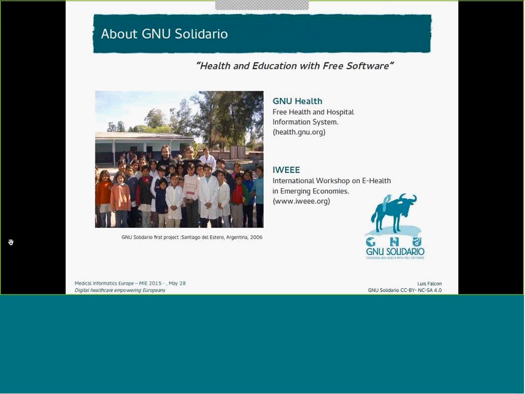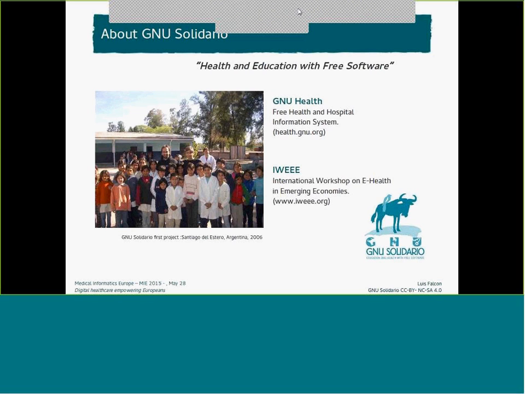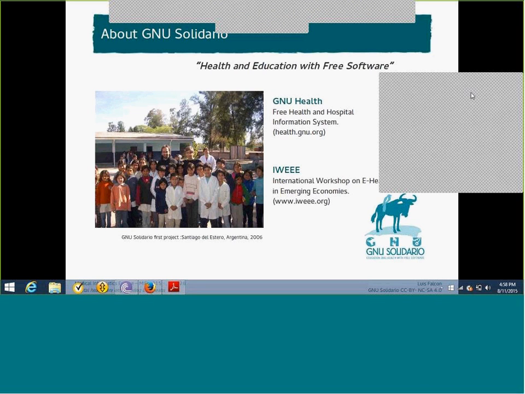GNU Health is trying to provide people with healthcare that up to this point was more into private hands. So we believe that public health is a non-negotiable human right, and that's why we have done it as free software.